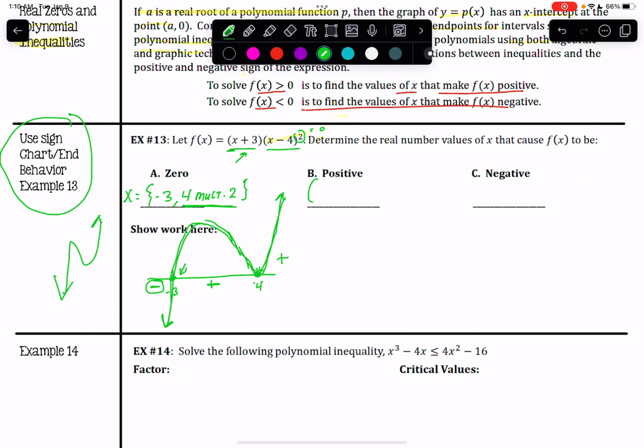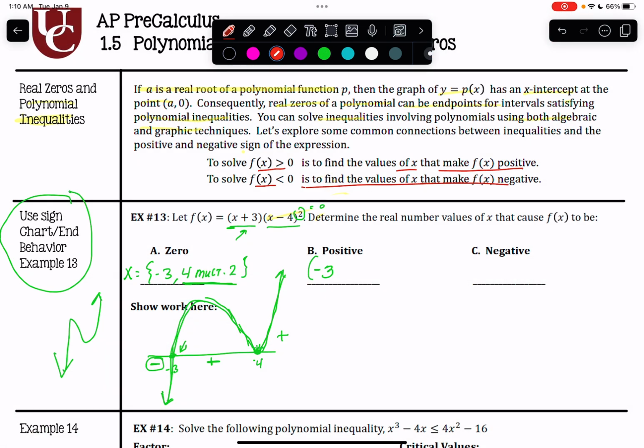So I have to use soft brackets. I go from negative 3, and then I can't include 4 because it equals 0, so I'm going to go from negative 3 to 4, and then from 4 to infinity. So that's where the function's positive.